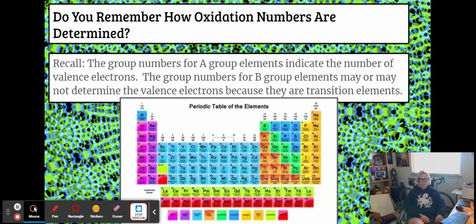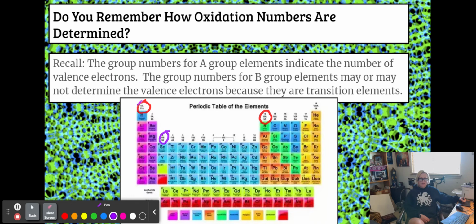You're going to want your periodic table for this particular learning target, and you're going to make some recollections here. Hopefully you can recall way back before the pandemic when we were doing valence electrons. You will notice that your periodic table is broken up into groups, and there are A groups and B groups.